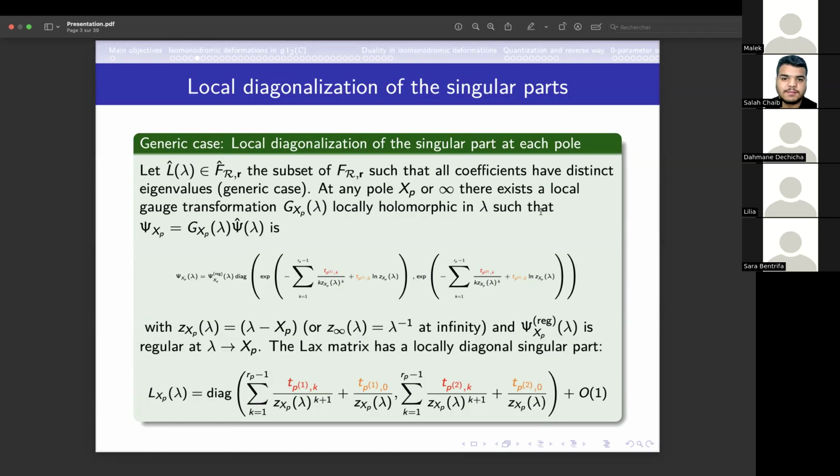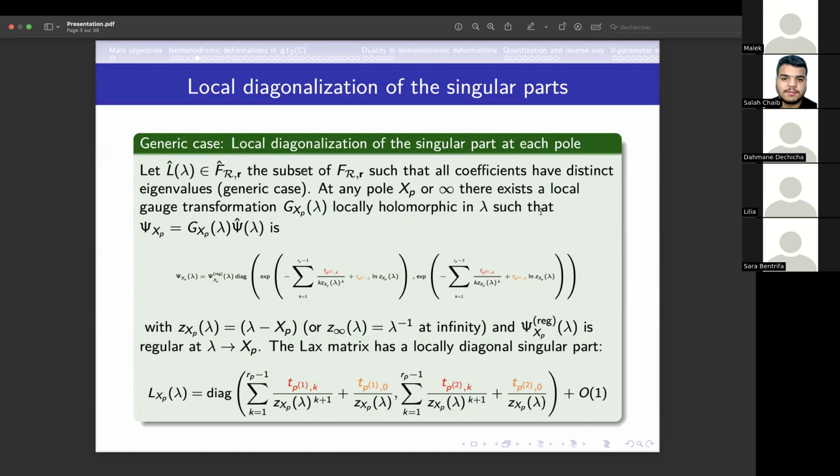However, I will tell you later what happens if it's not generic, if the eigenvalues might be the same. At any pole xp or infinity, there exists a local gauge transformation, or a formal bundle automorphism, such that psi of xp locally is given by the following form.